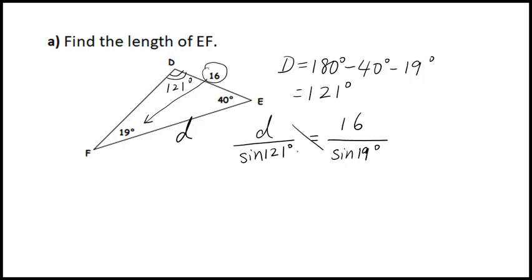Then we do cross multiply. d equals, the same line with this variable d will go to the denominator, so we have sine 19 degrees. Top will be 16 times sine 121 degrees. We will go to the graphing calculator to figure this out.